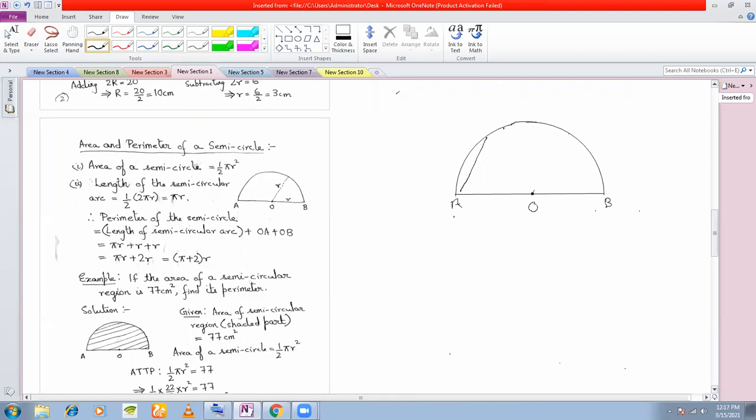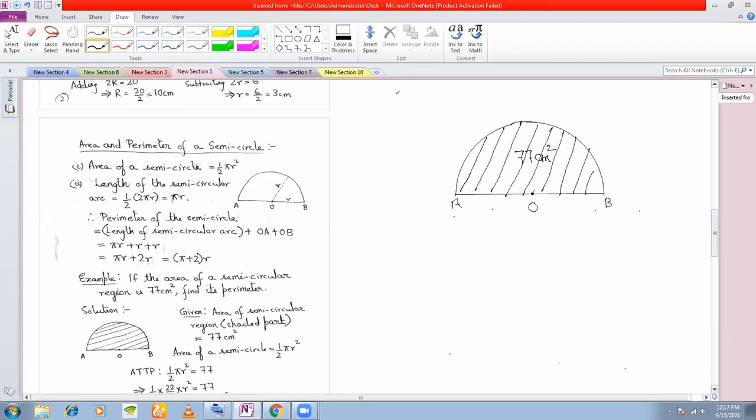Area of semicircular region means area of this. How much is it given? 77 centimeter square. Find its perimeter. So you know the area of this, you have to find out the perimeter. How do you calculate? Very easily.